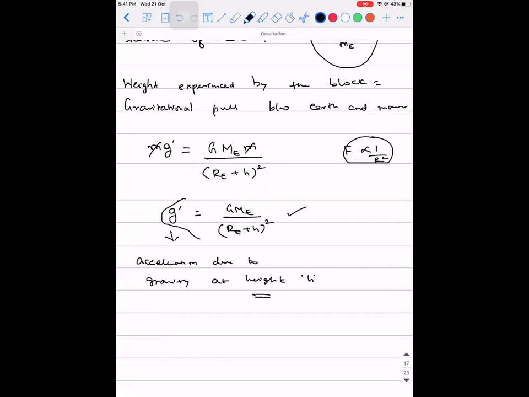So are you clear with this expression? Similarly, if you have a situation where h is very much less than RE, from this we can conclude that h divided by RE is very much less than 1.